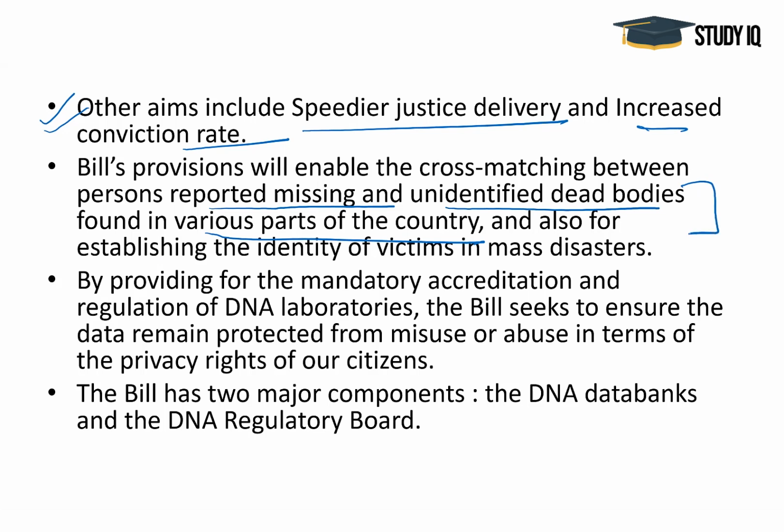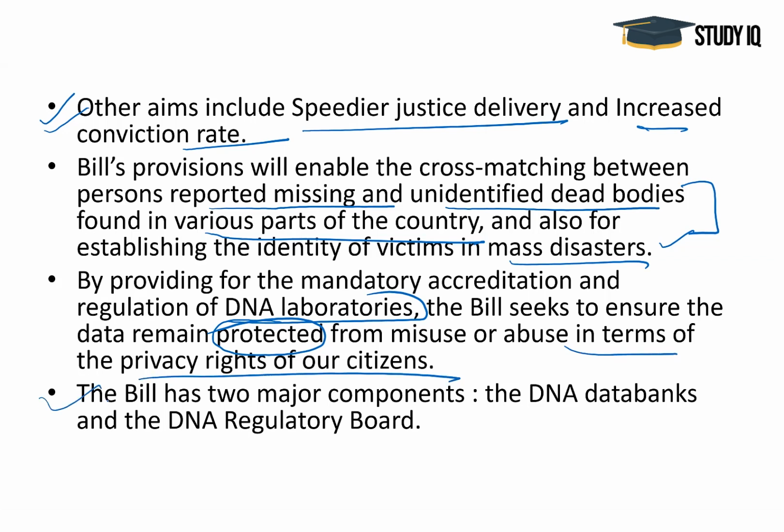Even the identity of victims in mass disasters, DNA technology could help. This regulation can help there. And regulation of DNA laboratories will be done, and this bill seeks to ensure the data remain protected. They also talk about protection of data, because there is a certain kind of punishment if there is misuse and abuse in terms of privacy rights of our citizens.